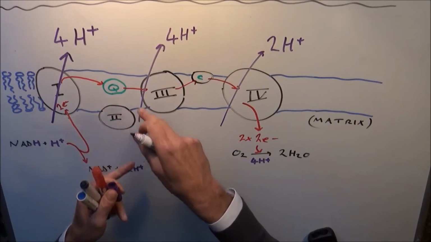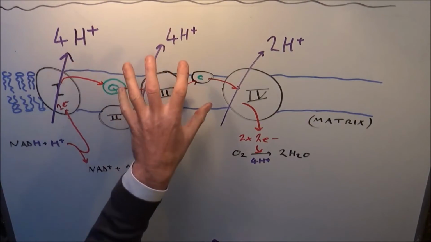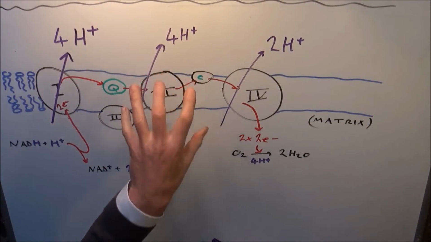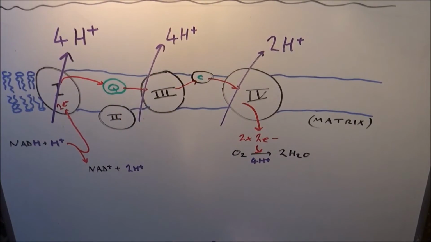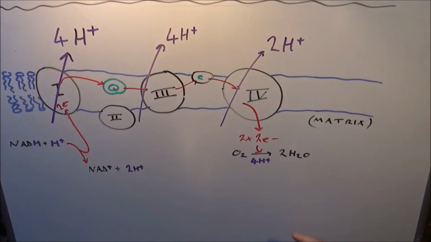Over here at 3, it's a slightly different mechanism, and I'll explain that later as an extension topic towards the end. So what we've done is build up a proton gradient, but we haven't yet made any ATP. I'll show you in a moment how that proton gradient is finally used to make ATP.